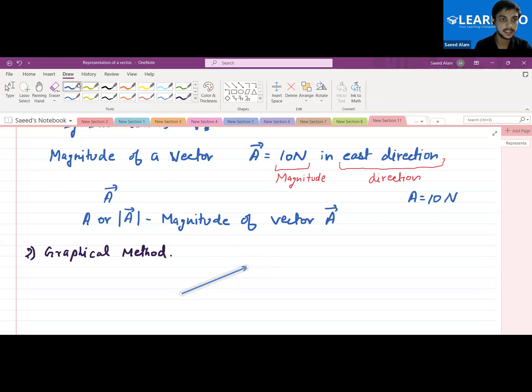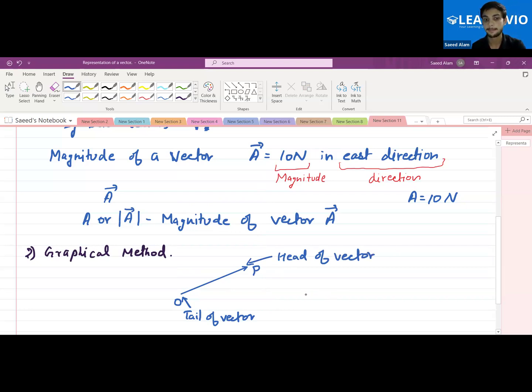We can also say that this is the point O and this is the point P. So this is the vector pointing from point O to point P. This backward portion is called the tail of the vector, and this portion is called the head of the vector.